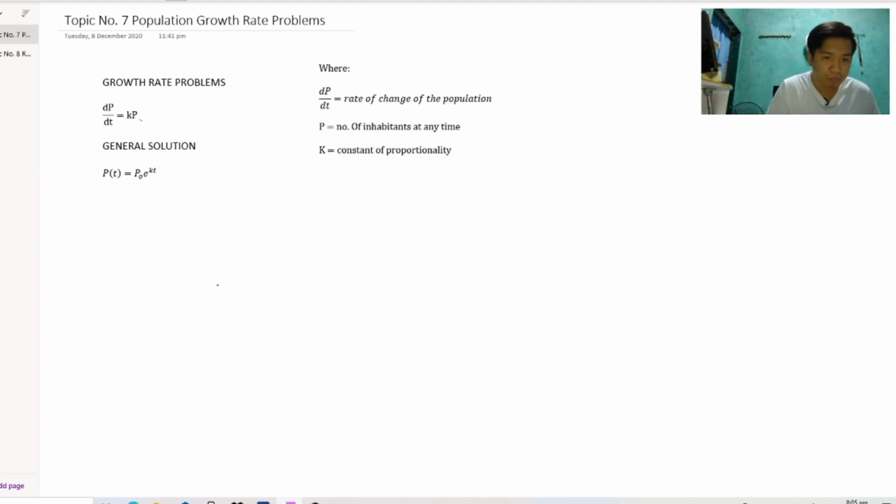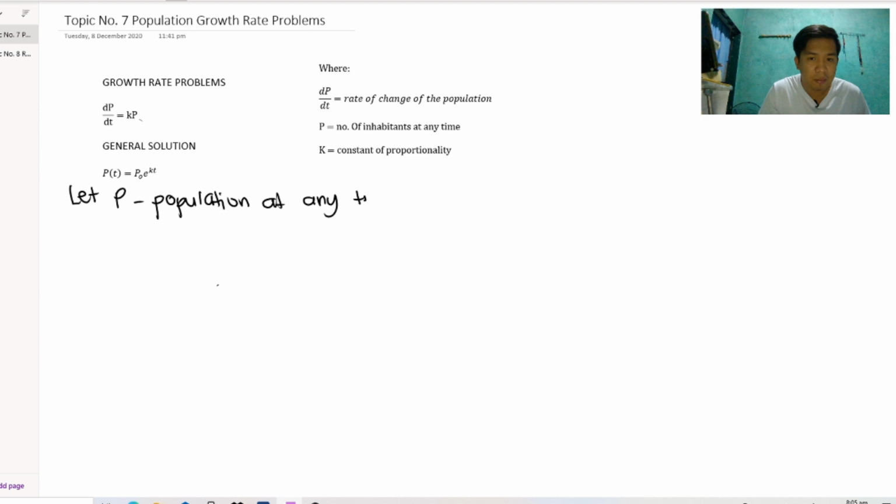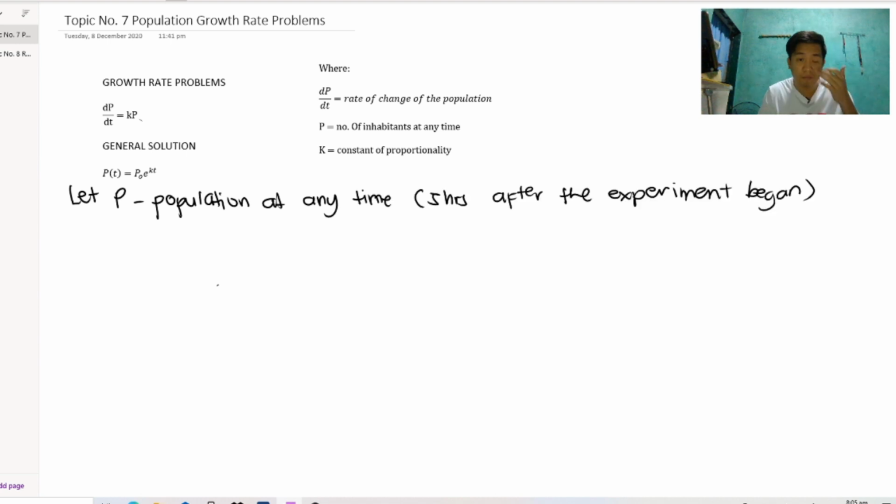So we can denote this as: let P be the population at any time, meaning 5 hours after the experiment began. We can use this formula.